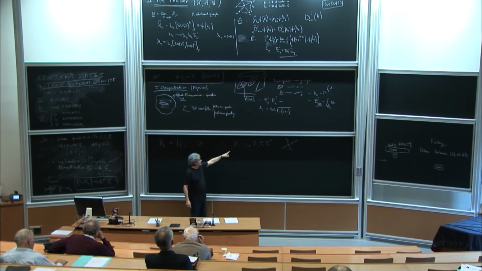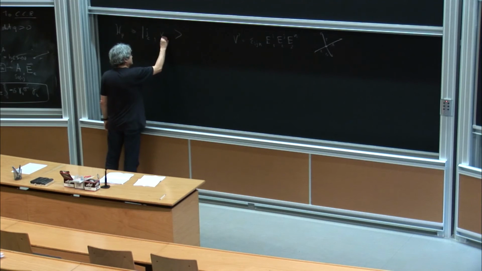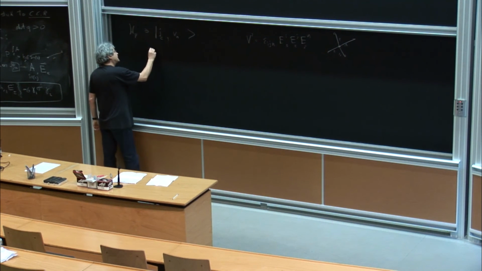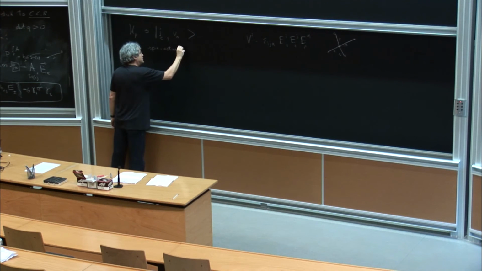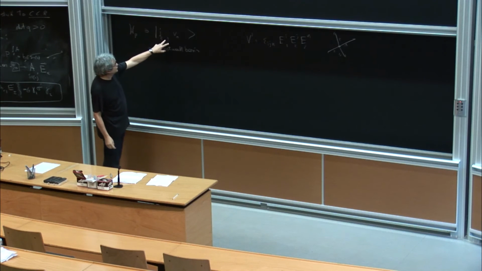I can diagonalize this. This is also an operator. It has discrete eigenvalues, and I can take its quantum number. And this is called the spin network basis. It is a basis in the sense that there are 4 quantum numbers.